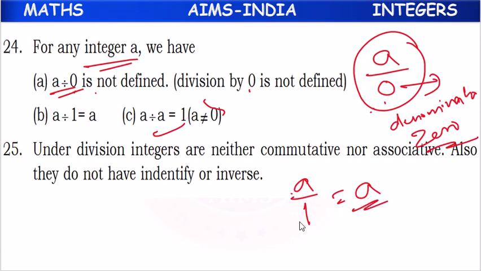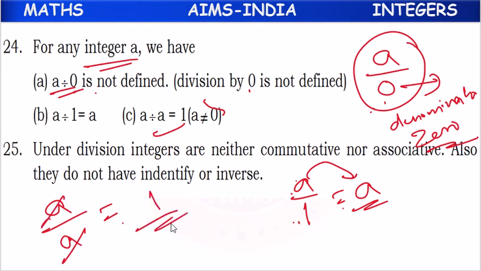If we divide any number by 1, the same number will come. Or any number divided by the same number, both will cancel, and 1 will be the answer, where a is not equal to 0. Whenever we are considering a denominator, we should take one assumption here: a not equal to 0, the denominator is not equal to 0.